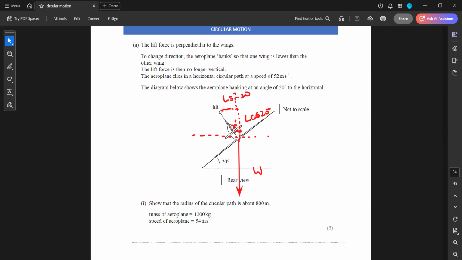So of the two equations we have, the weight balances with L cosine 20, and the centripetal force is equal to L sine 20. We have the mass and the speed, so we'll use this part: the centripetal force is equal to L sine 20.